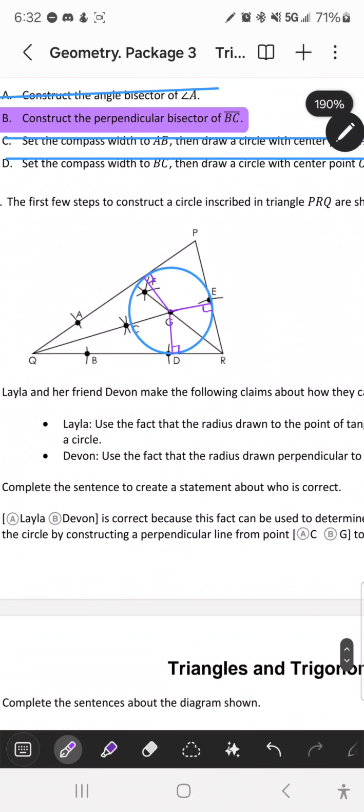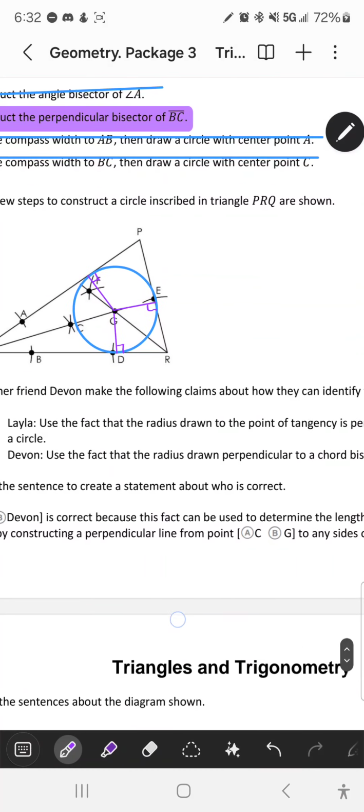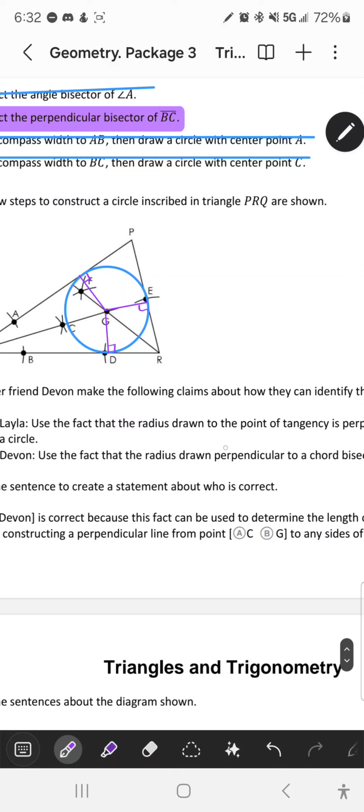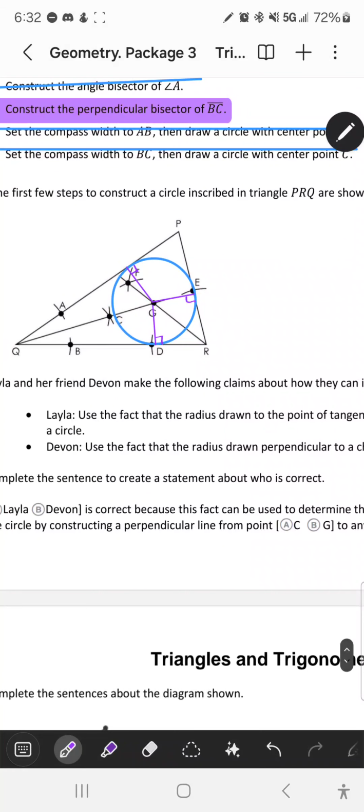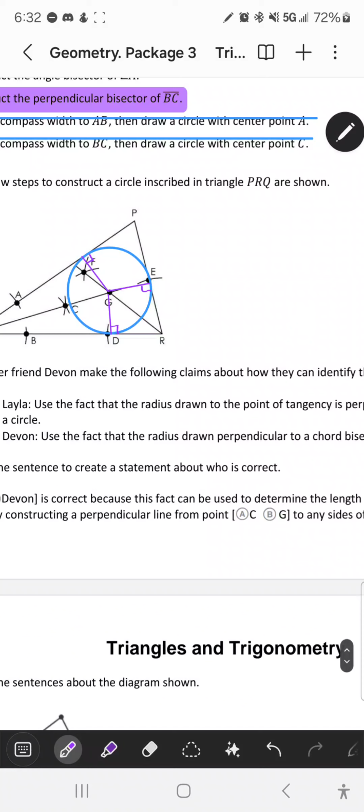So let's see who is saying that. Laila used the fact that the radius drawn to the point of tangency is perpendicular to the tangent line of the circle. So the radius is perpendicular to the tangent line of the circle, and the tangent line of the circle will be something like this.